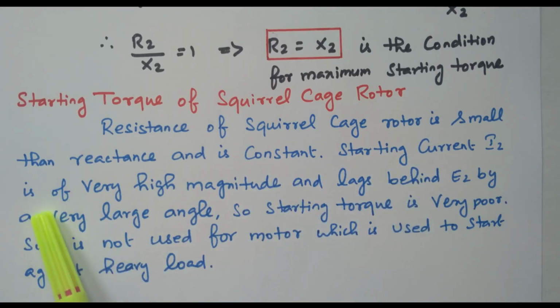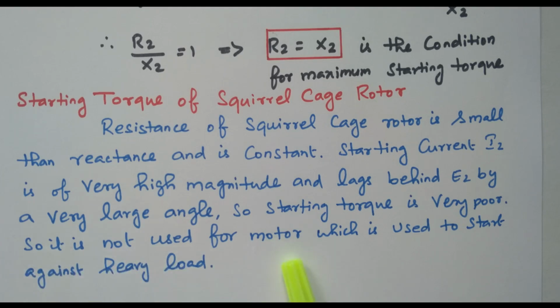Starting current I2 is of very high magnitude and lags behind the E2 by a large angle, right? So the starting current is very high. So the starting torque is very poor because the current is lagging the voltage E2 at a very large angle. So the starting torque is very less.